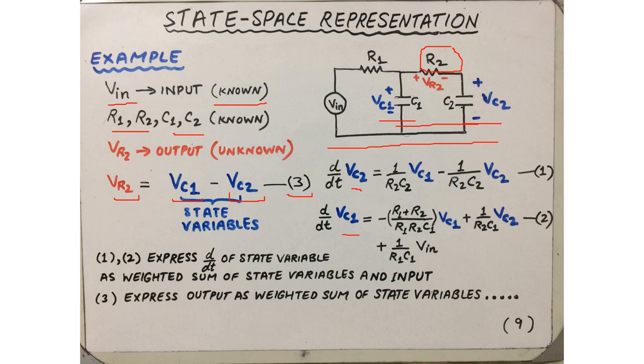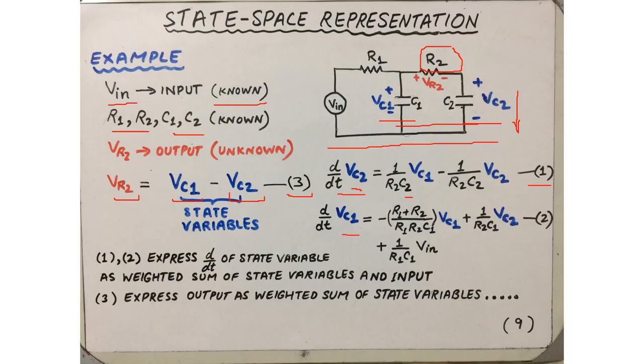And you can use your electrical circuit knowledge to derive the two first order differential equations. So in case of equation number 1, we say that the current through the capacitor C2 is equal to C2 times the rate of change of its voltage. So on the left hand side, you write down C2 times the rate of change of Vc2, and that's equal to the voltage difference across this resistance.